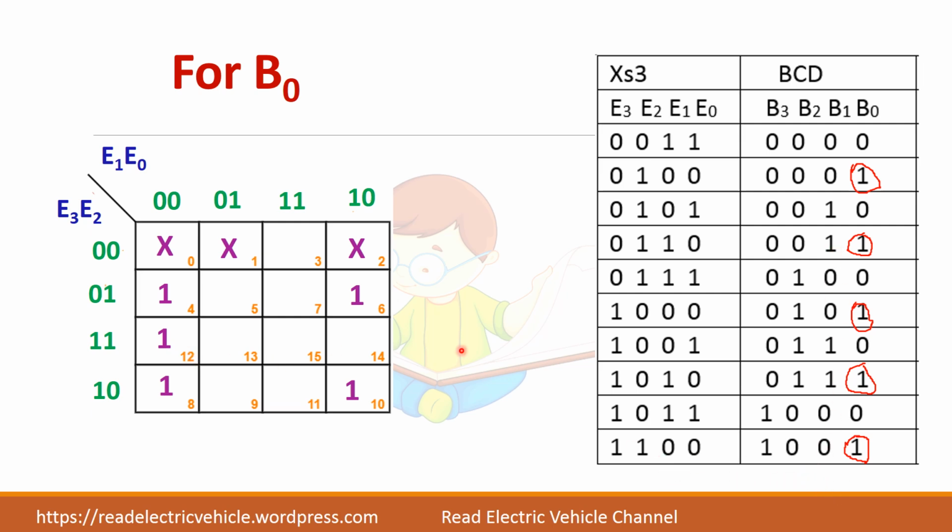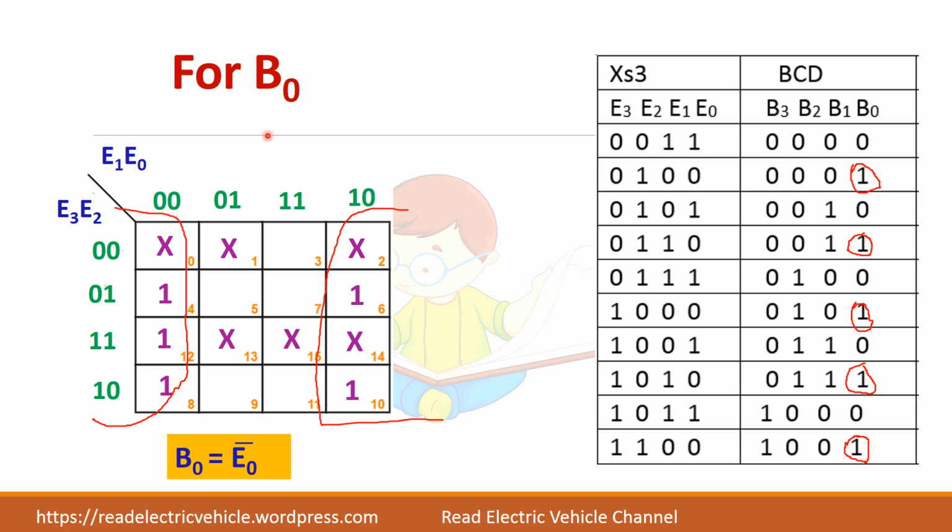So remaining terms are don't care. Now let us combine the map. You can combine these two together. So you will get B0 equal to E0 bar, because in both the cases E0 bar is common.